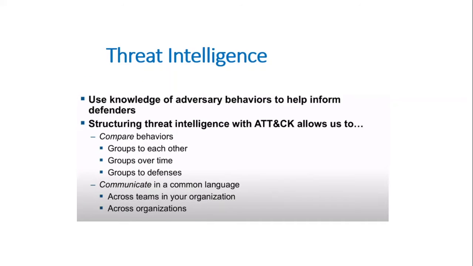So in threat intelligence, this is whereby we use the adversary's behaviors, so that the defenders can understand the particular ways that threat actors use to compromise systems and gain access to sensitive information or the network of an organization.